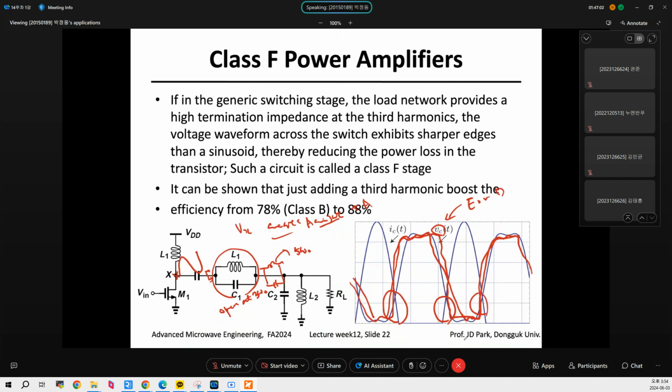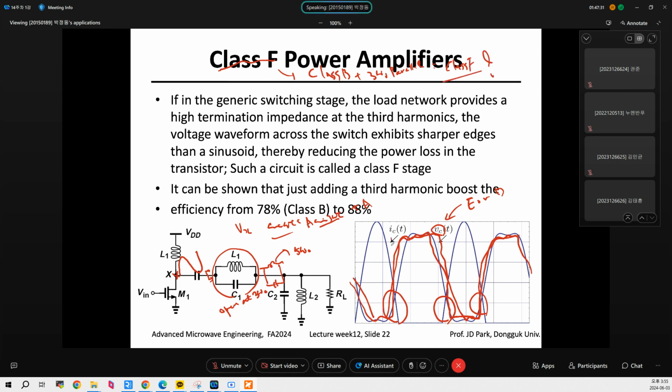Make sense? Yes. Okay, so using this very simple mechanism, it is very interesting that a class F amplifier can be easily implemented from a class B amplifier, plus a 3 omega 0 parallel network. Then it becomes class F. Very interesting, right?